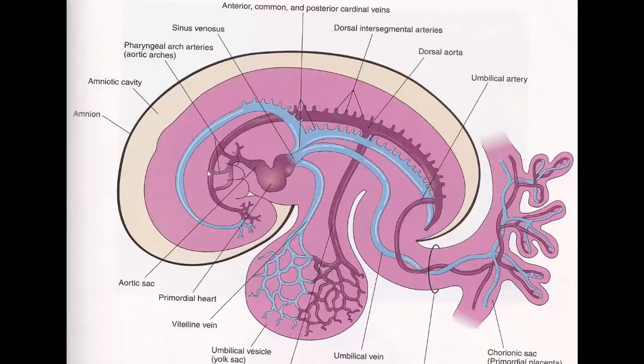This arterial end is fixed by the aortic arches, and this venous end is fixed by the septum transversum, because the septum transversum will lie here. Look at the arrow, here is the septum transversum. So the arterial end and the venous end of the heart tube are fixed, like with a rope, this one by the aortic arches, and this through the septum transversum.